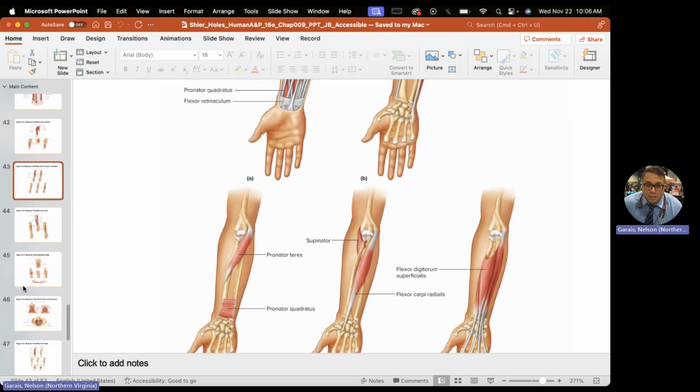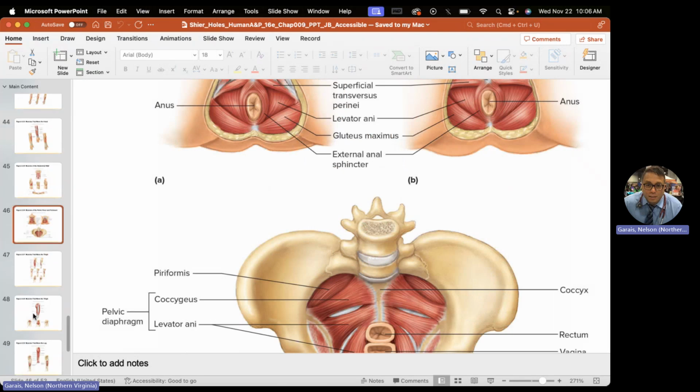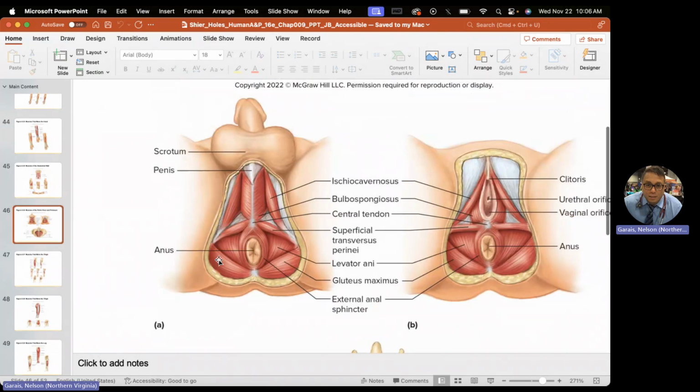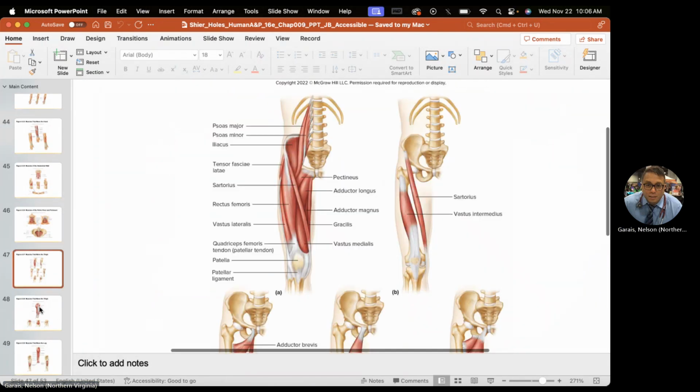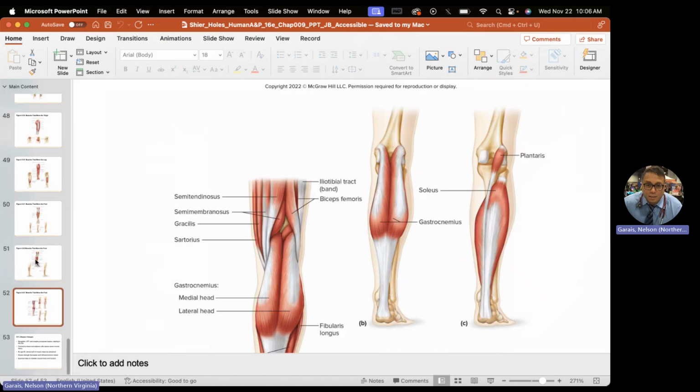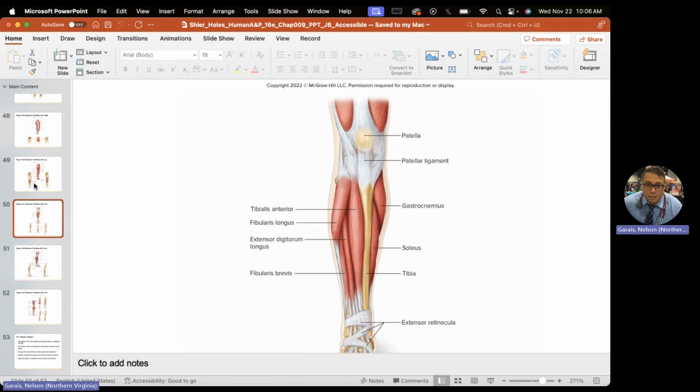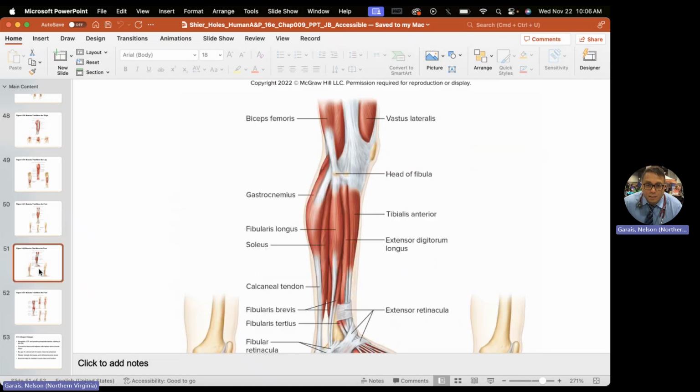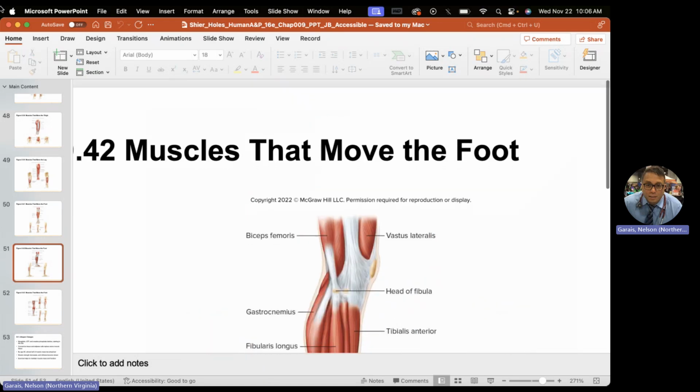And the rest here is about movement. We're going to show that as well. And all of this stuff, unless it's listed on your Anatomage, you don't need to know the deeper muscles and that level of minutia. All right, that is chapter 9.